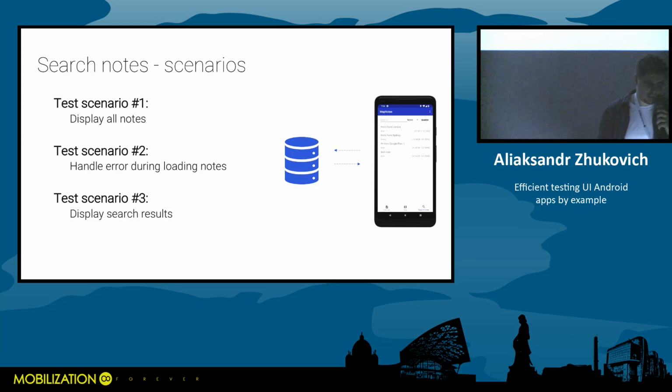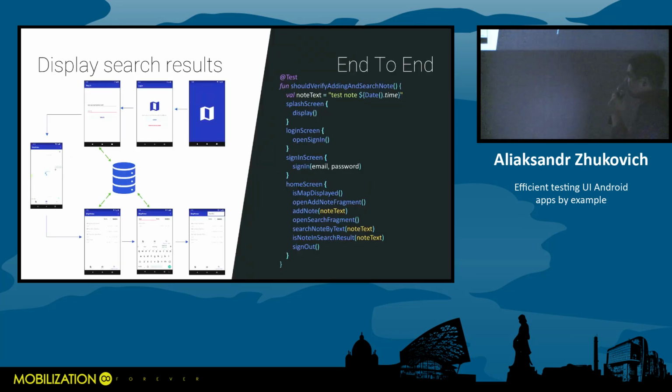Sometimes our server can have some problem, and ideally our client application should care about it and handle all these problems. And next situation, when we open our search fragment, download some nodes, enter some search request, press search, and we wait for the next data.